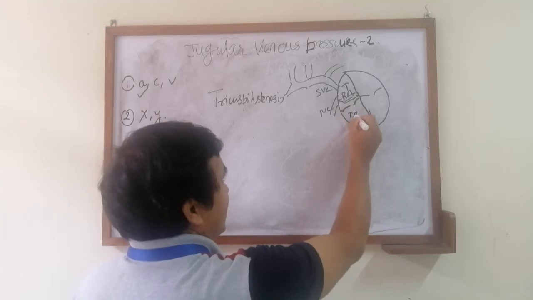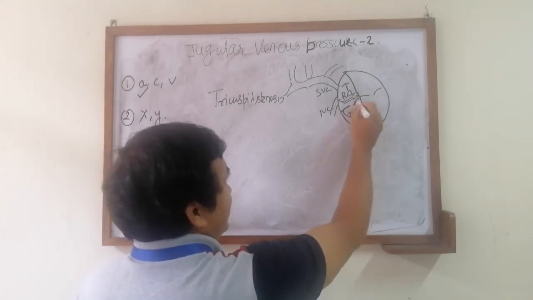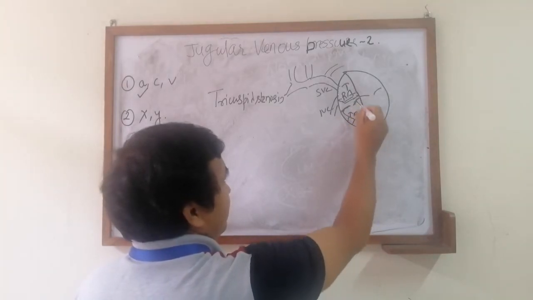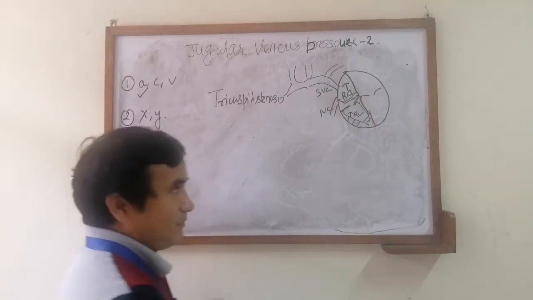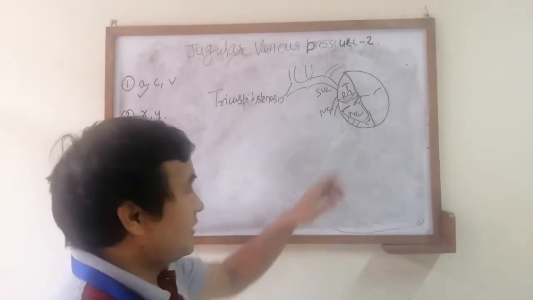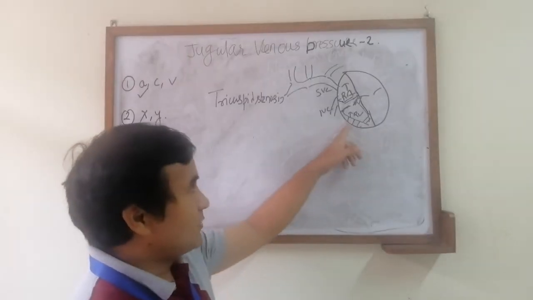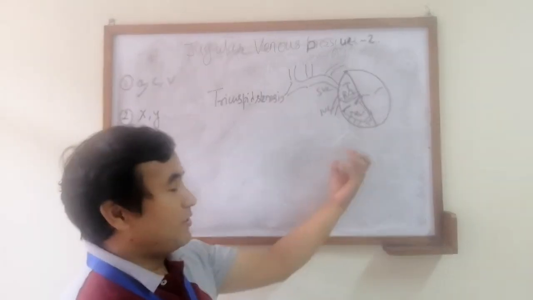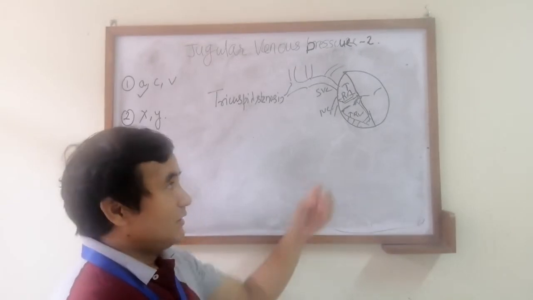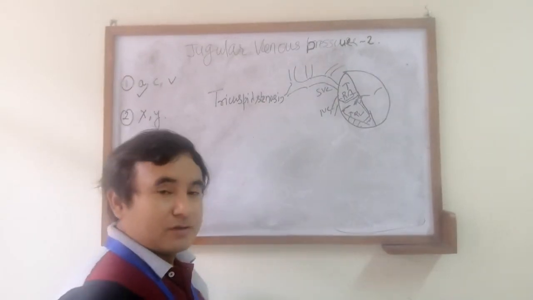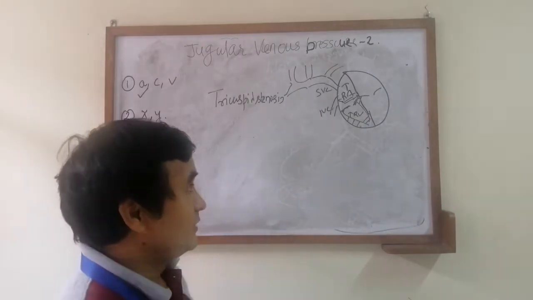Similarly, let's suppose the tricuspid valve is normal in another scenario, but there is an increase in right ventricular pressure, like in right ventricular hypertrophy, fibrosis of the right ventricle, or pulmonary artery hypertension.